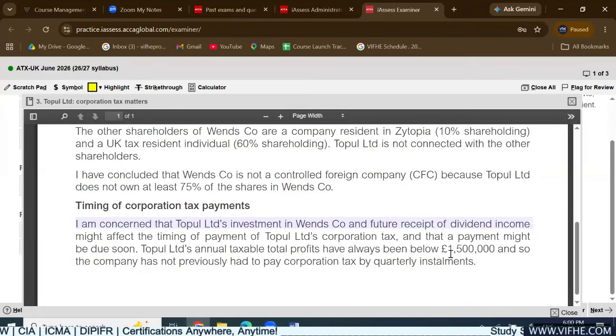Okay, well, if this is the case and Topal Limited's augmented profit would be crossing this threshold of 1.5 million, even then in the first accounting period, Topal Limited will not be required to pay the quarterly installments.